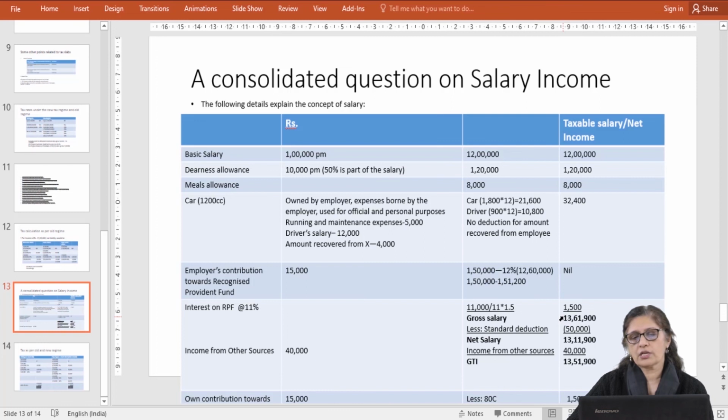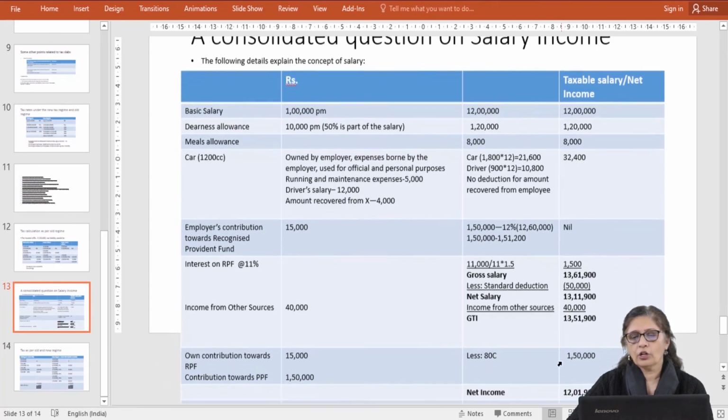So this is the gross salary. Less standard deduction, net salary. Income from other sources, gross total income. On this gross total income, we give deduction under 80C. So net income is 12 lakhs 1,900.